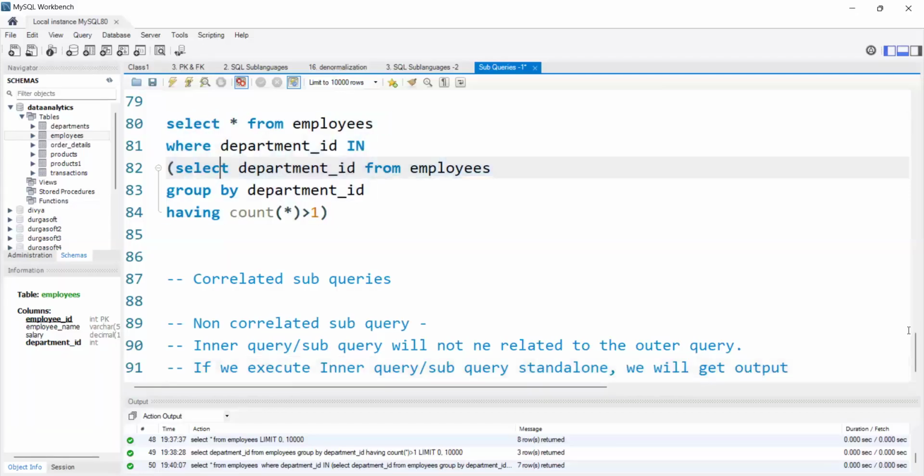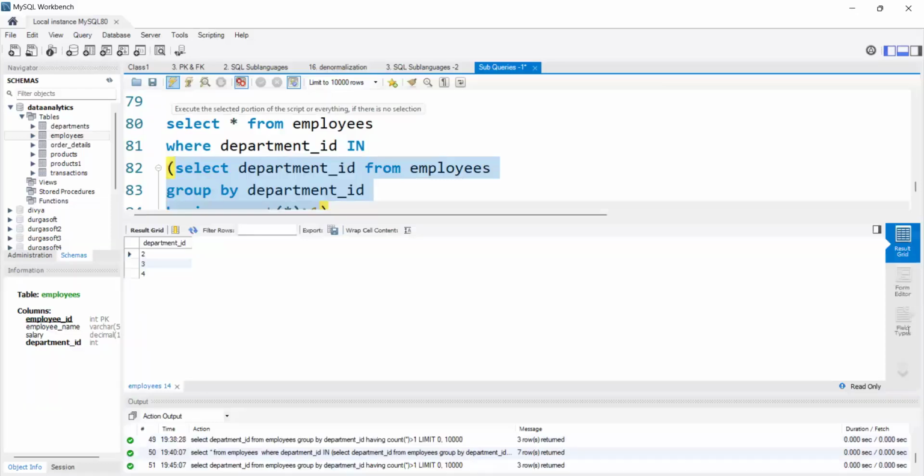This will be my inner query or subquery. In a non-correlated subquery, my inner query will not be related to the outer query. If I execute the inner query separately or standalone, I will get the output. I can even execute the inner query without the help of the outer query, correct?